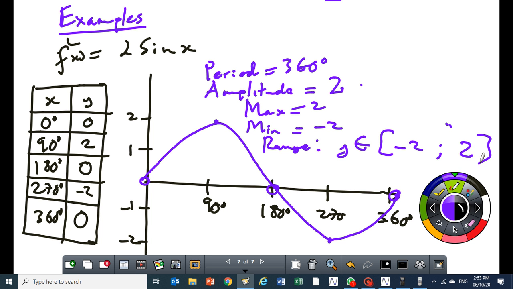That's your range. Okay, so it's very straightforward. Any question? But if you don't have a question, then sketch this one and then we'll stop for today.